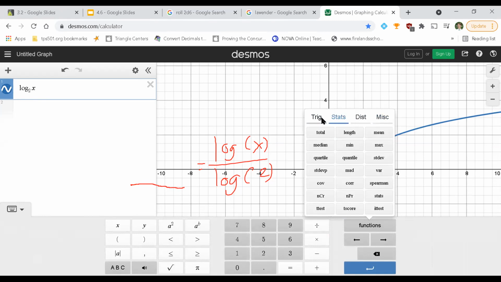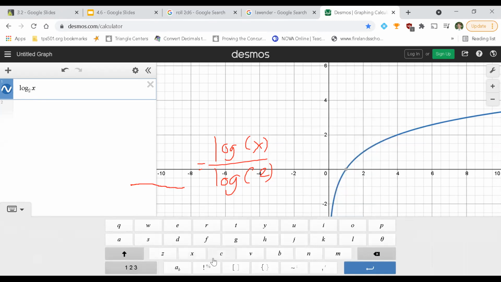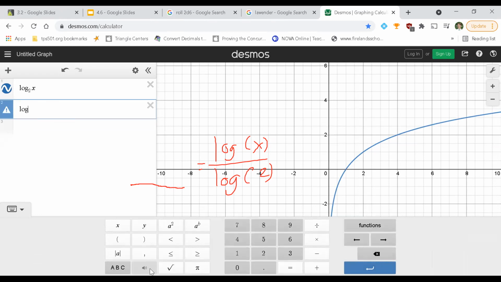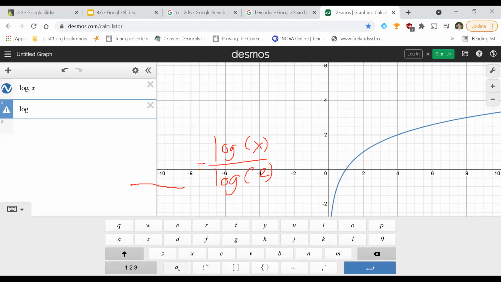Where's the button? Right here. Okay, it's like hidden. If you want to do, let's say, log base 4, you can hit shift minus sign, or hit 1, 2, 3 or ABC, and then right here will let you do subscripts.